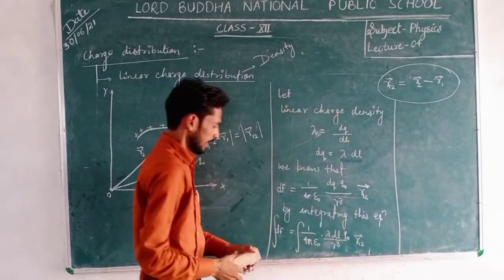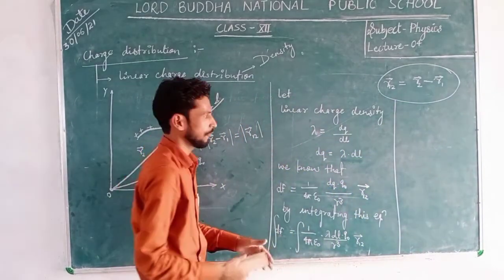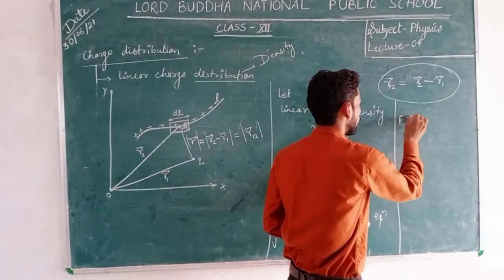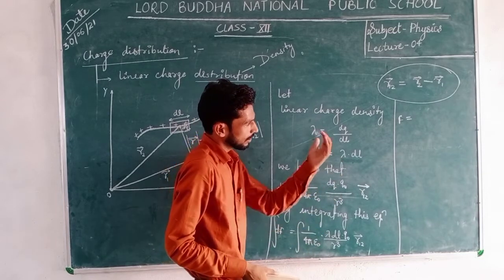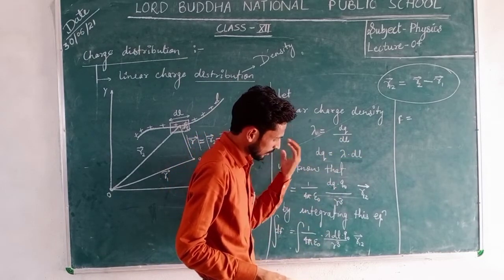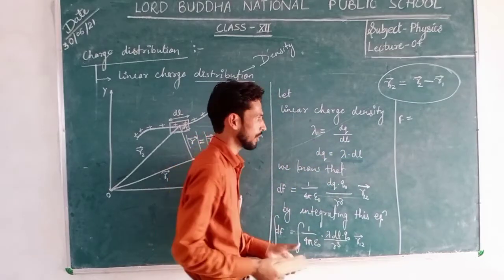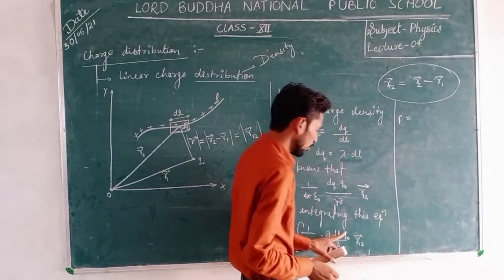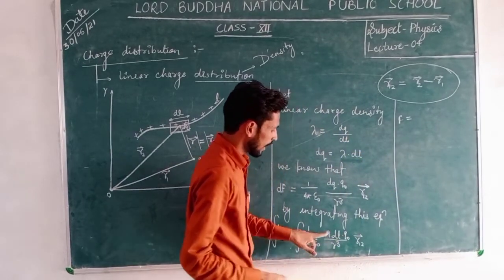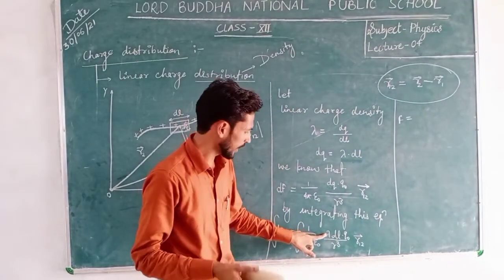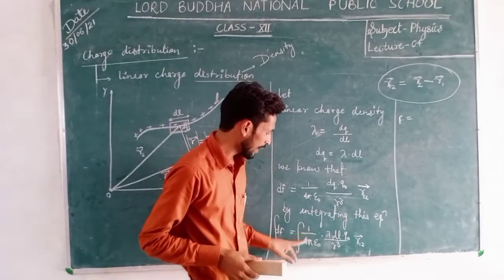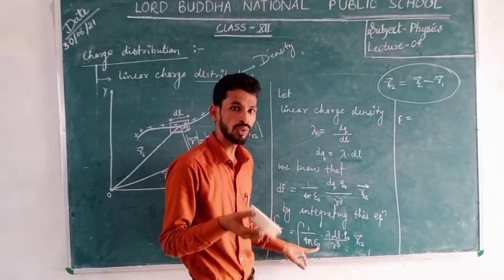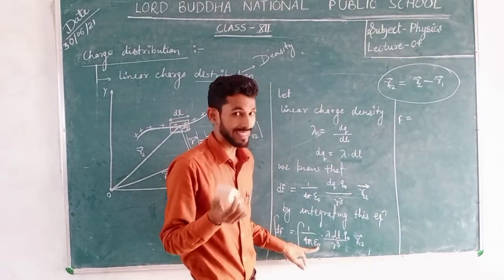So this will convert to F equals, all the constant terms can be taken outside the integral by property. So q naught is the constant, lambda is the density, that is constant, r cube is the distance, that is constant, 1 upon 4 pi epsilon naught equals 9 into 10 to the power 9, that is constant.